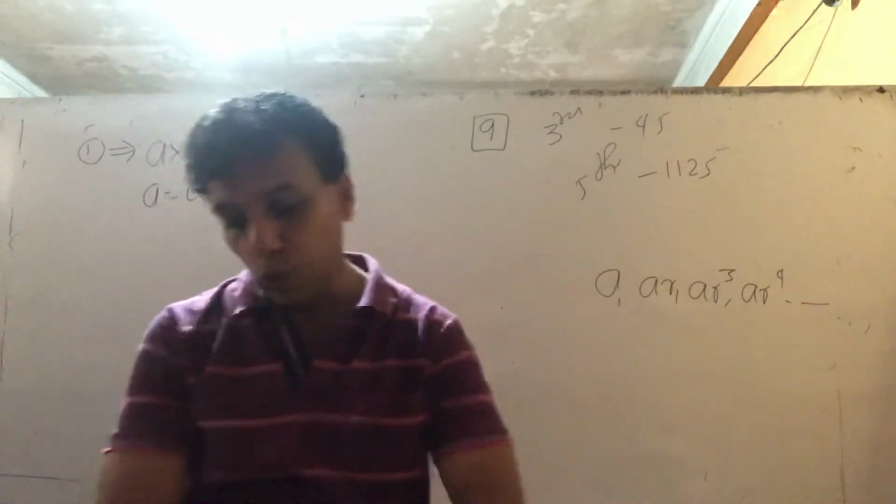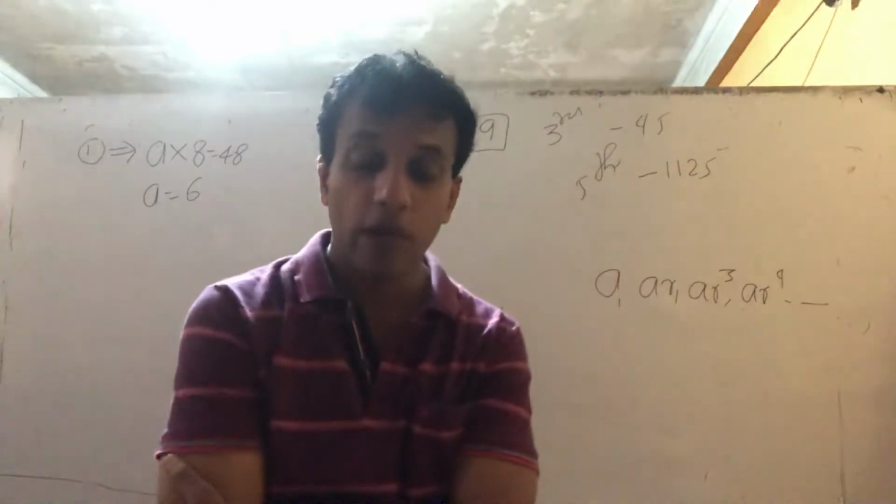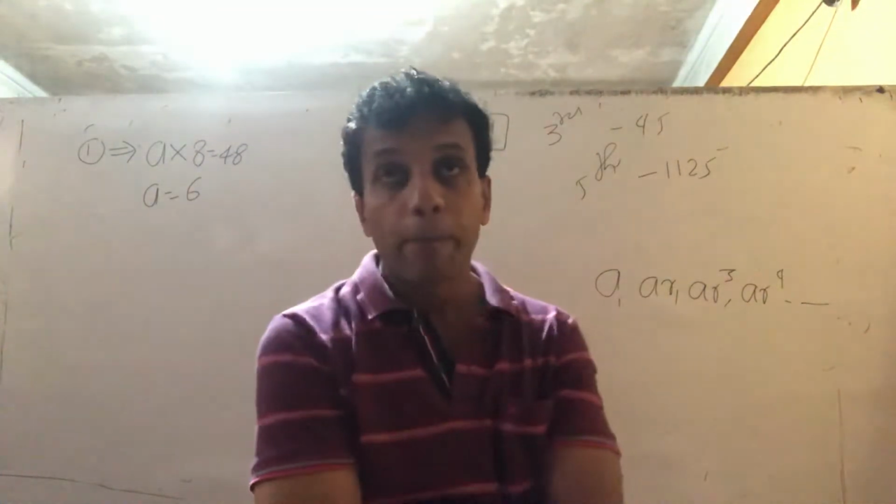Show that there are 2 GPs with third term is minus 45, fifth term is minus 1125.